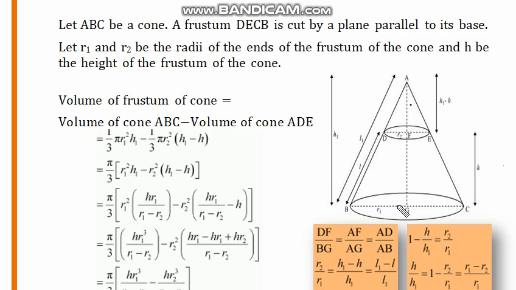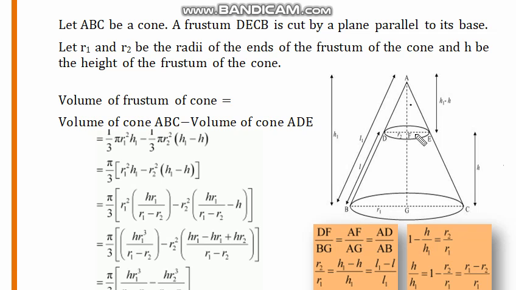For that purpose, I took the radius of the base of the cone as R1. At the same time, I removed the upper part of the cone by a plane that is parallel to its base.